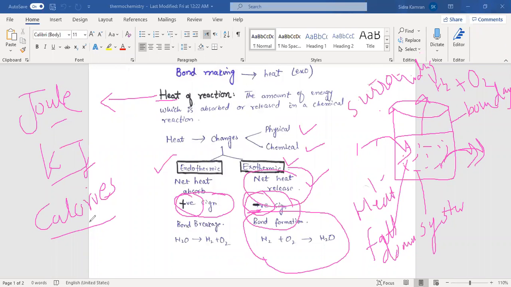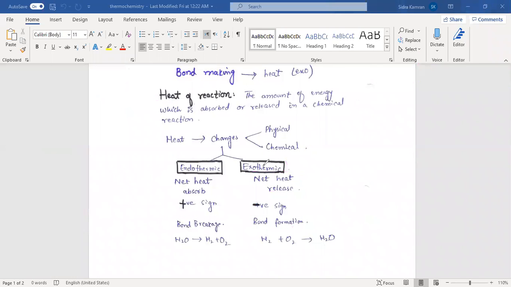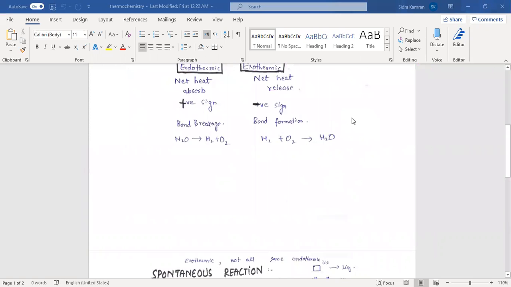If I give you some examples of endothermic and exothermic reactions, you can see here examples of an endothermic reaction. If you are breaking the water molecule into hydrogen gas and oxygen gas, this is an endothermic reaction because you are breaking the bond.